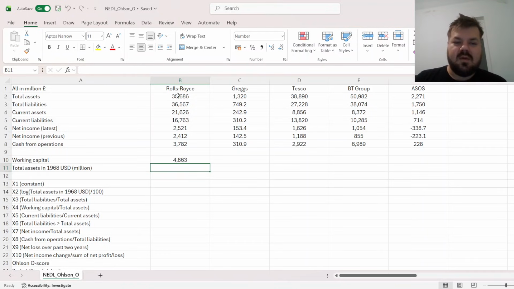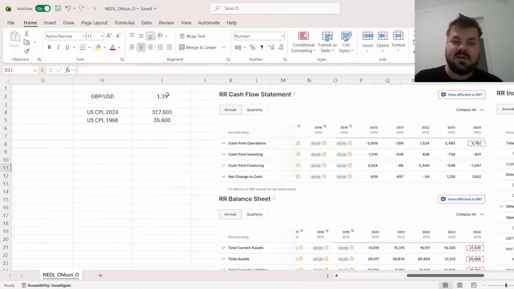As we've got our values, our total assets in million pounds, what we need to do when converting total assets to 1968 dollars is we need obviously the current exchange rate of pounds and dollars, 1.31, when this data was collected. And we also need the consumer price index in the US for 2 points in time.